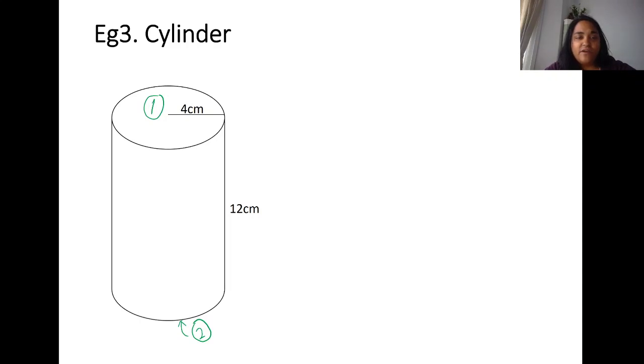Now what about this curved face? I want you to imagine, if you had a cylinder and you cut it down this face and you rolled it out, what kind of shape would you get?